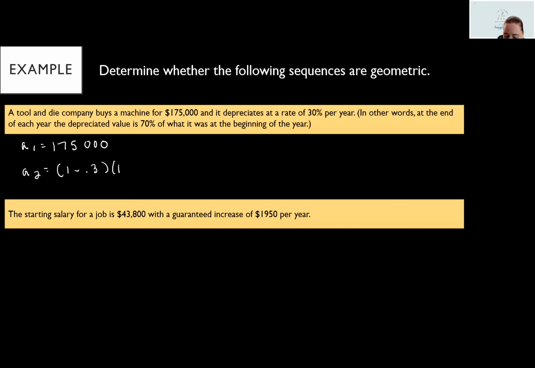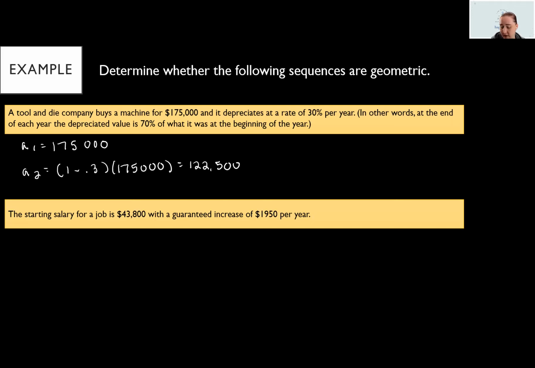And this is kind of going back to compound interest, but kind of backwards because we're subtracting. So we're taking 70%. That's where the 70% comes from: you're losing 30%, meaning you're taking 70% of the previous year. And that's 122,500.